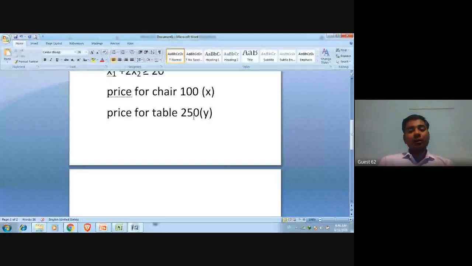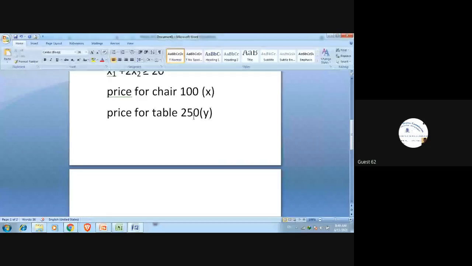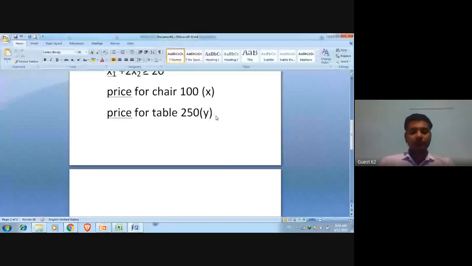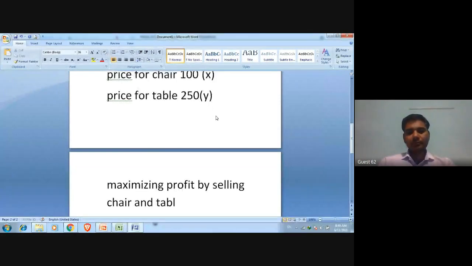Now the organizational objective is maximizing profit by manufacturing and selling chairs and tables.